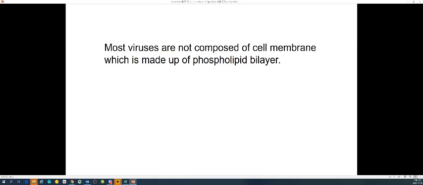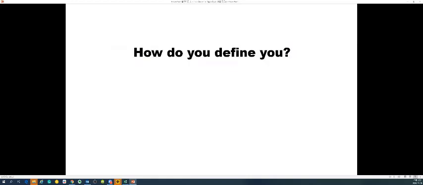Now, this was about the definition of the virus. So, conclusion: nobody knows whether a virus is really life or not, but definitely a virus has some features of life. First of all, their genetic information is the same as ours. Our genetic information is stored in DNA.